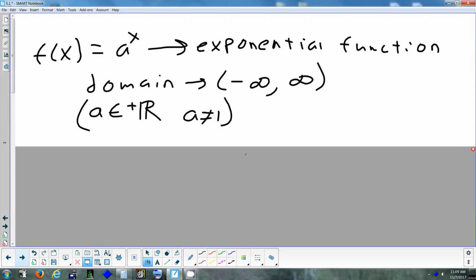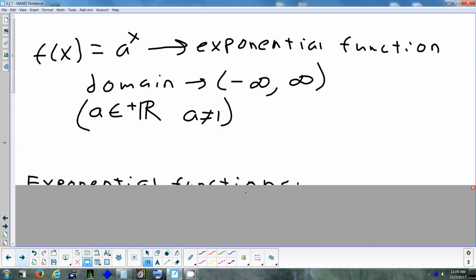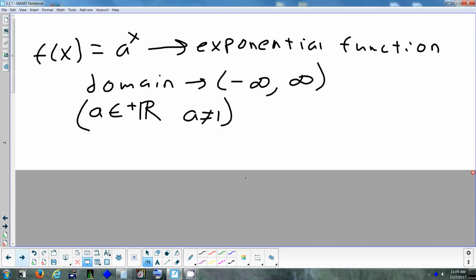You can raise 2.6 to a positive number, negative number, 0, fractions, decimals, anything you want. What gets really weird is if the base becomes a negative number. We don't look at that at all because it's not exponential, but I'll talk about it in a second and what would happen. What is the E in that part thing? Element of. All right. A is an element of the positive real numbers.